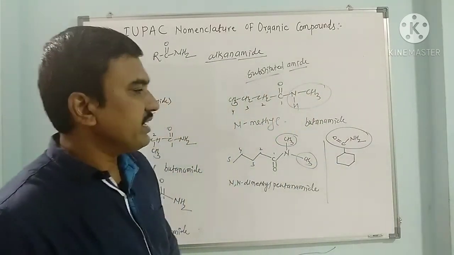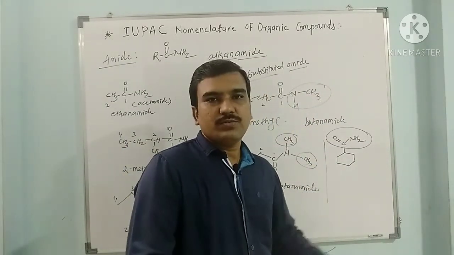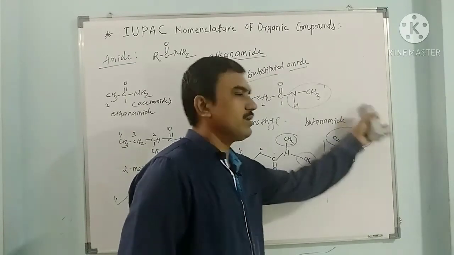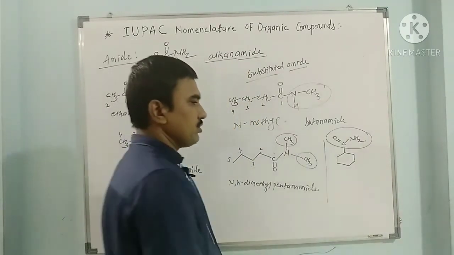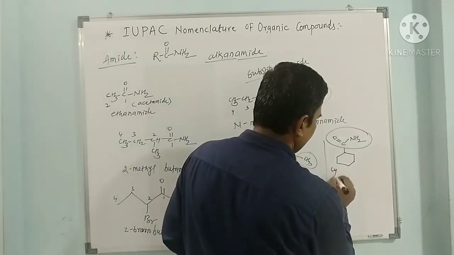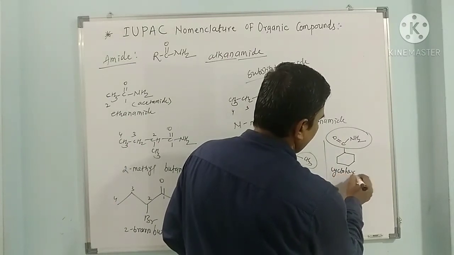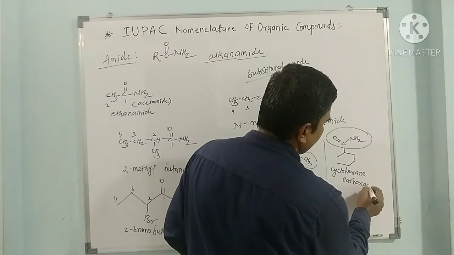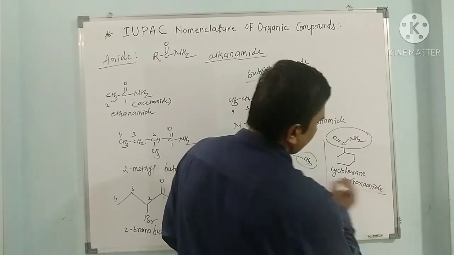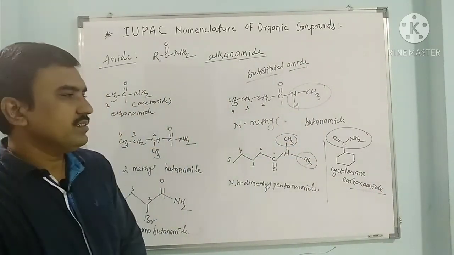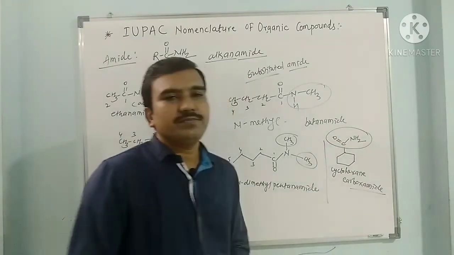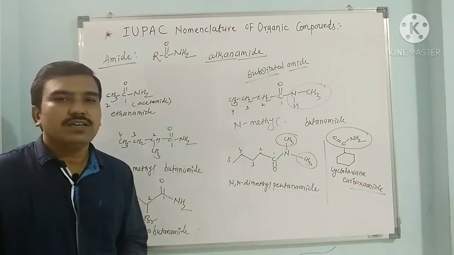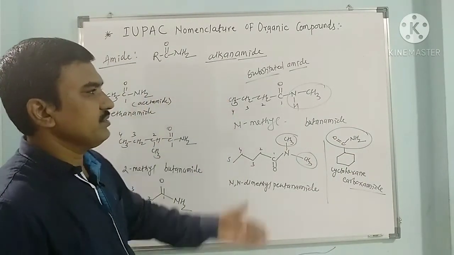If it is present in a cyclic system as a substituent, then it is called cyclohexane carboxamide, or cycloalkane carboxamide. Cyclohexane carboxamide. In this way amides are named.